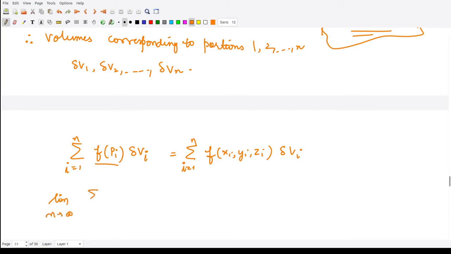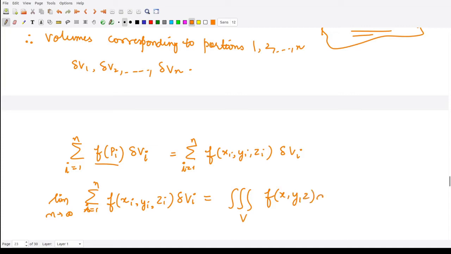The limit of this sum, where i varies from 1 to n, of f of xi, yi, zi times delta Vi, becomes equal to the triple integral defined over the whole volume of the given function f of x, y, z dV. So this is how we define the triple integral of the function f.